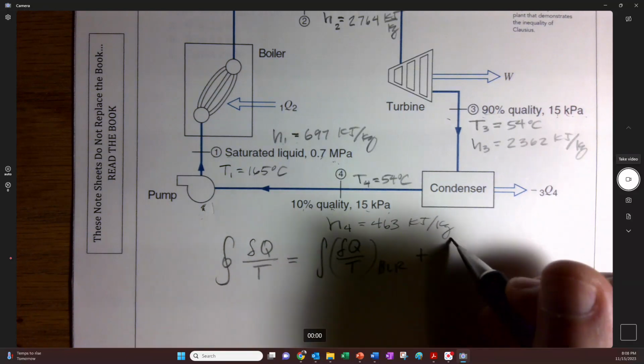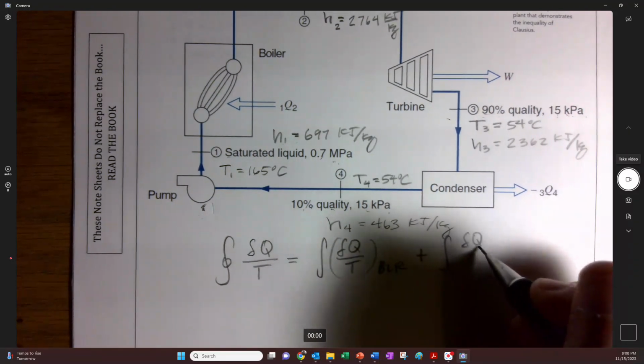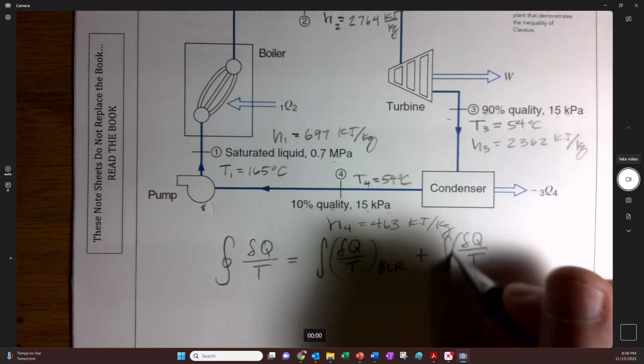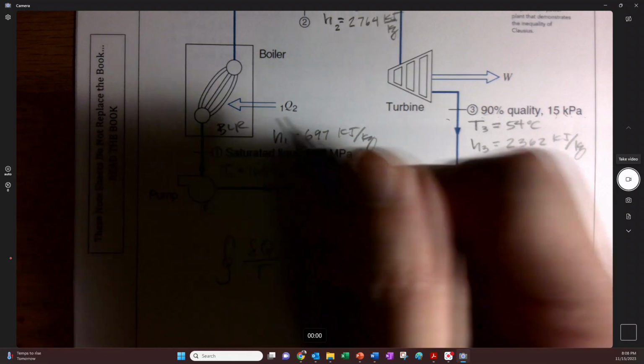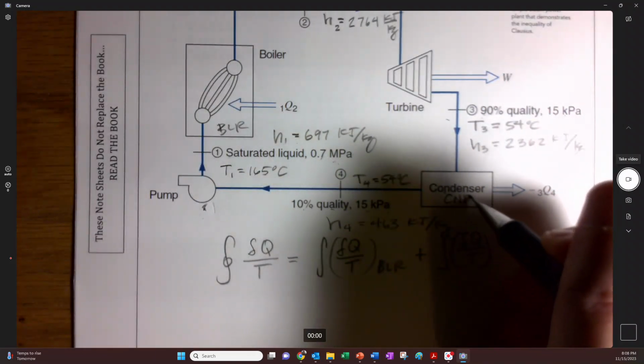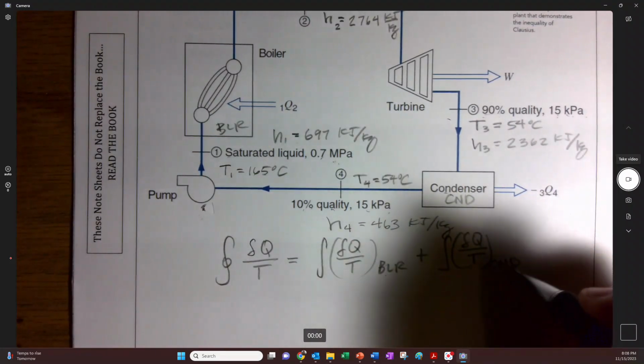And I guess we'll do it this way. It's the signs that I'm pausing over. I'll call it BLR for the boiler and CND for the condenser.